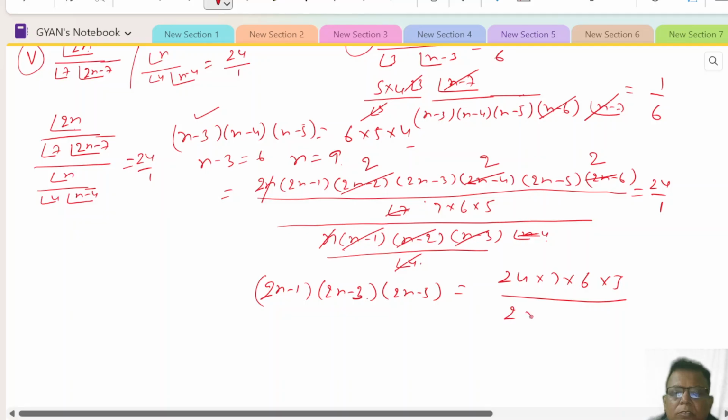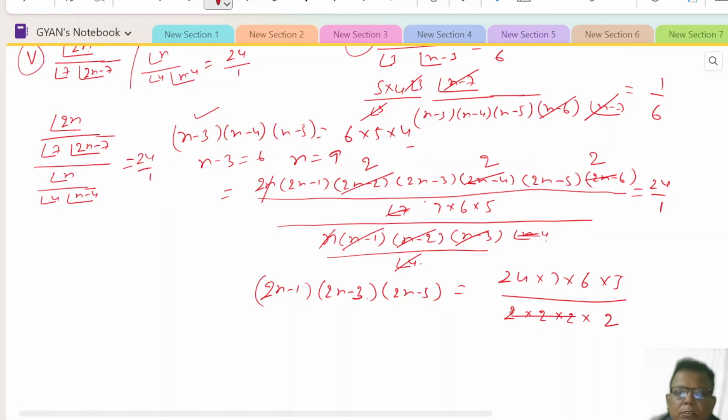So 2 into 2 into 2 into 2. So this 2 8s, this becomes 3, and this is also 3.